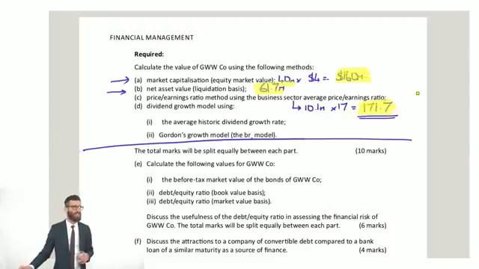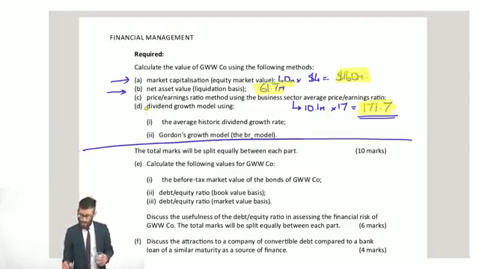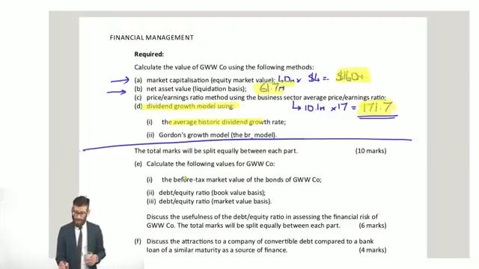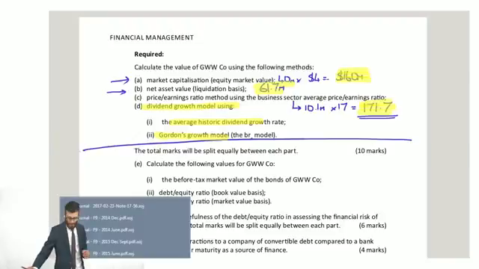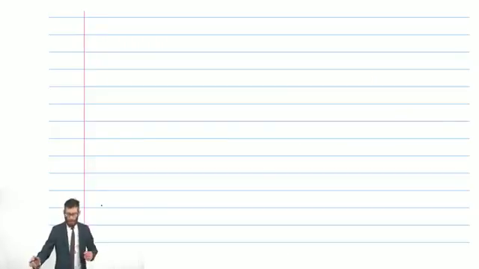That is relatively straightforward. The complexity in this question, I believe, is the dividend growth model, because you have to find the historic growth rate using the average and Gordon. For that, I will take a little bit more care. So, what do we have here?